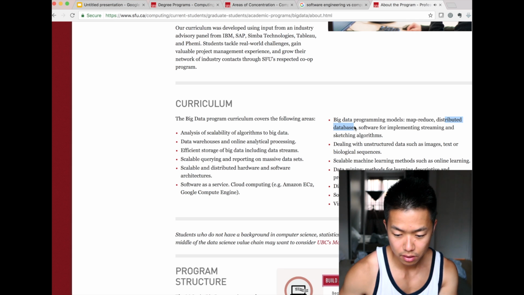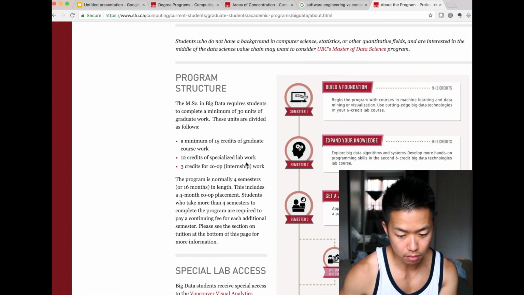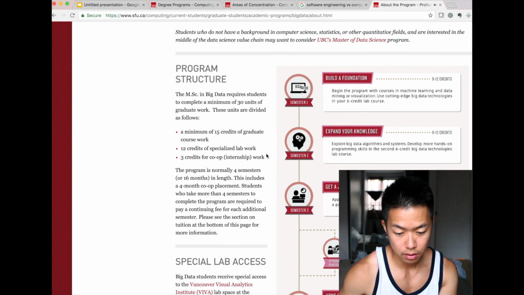It's a pretty complicated algorithm analysis, scalability, distributed computing, cloud computing.